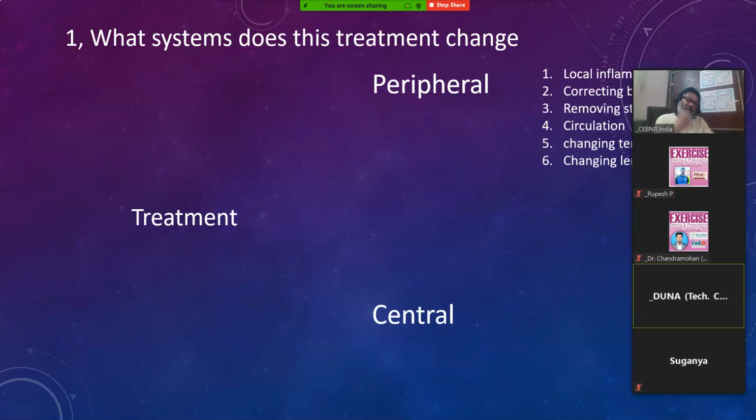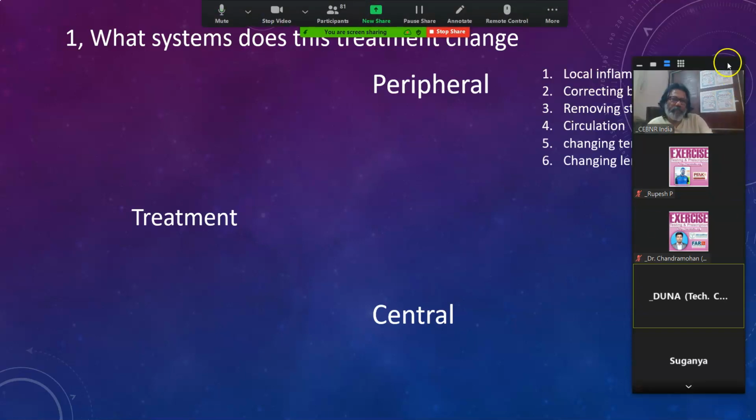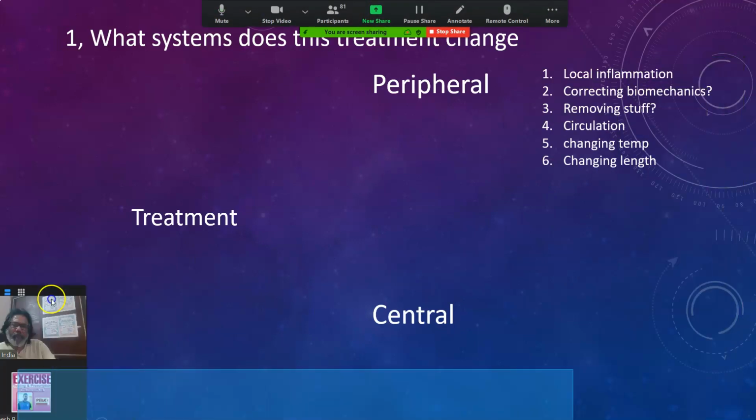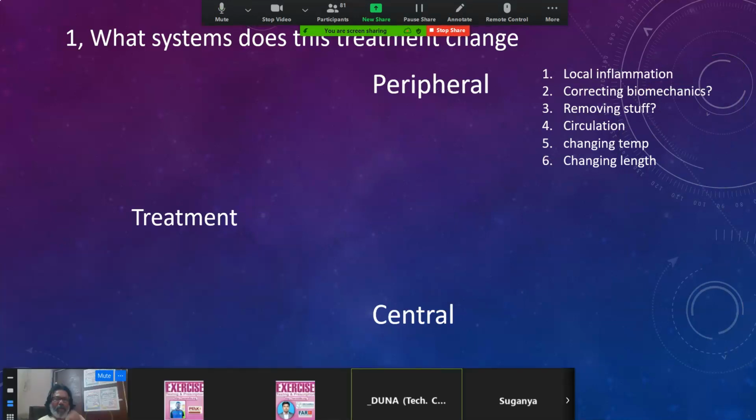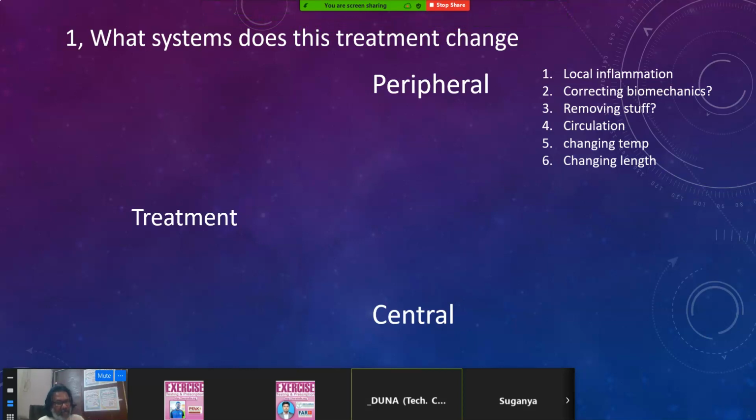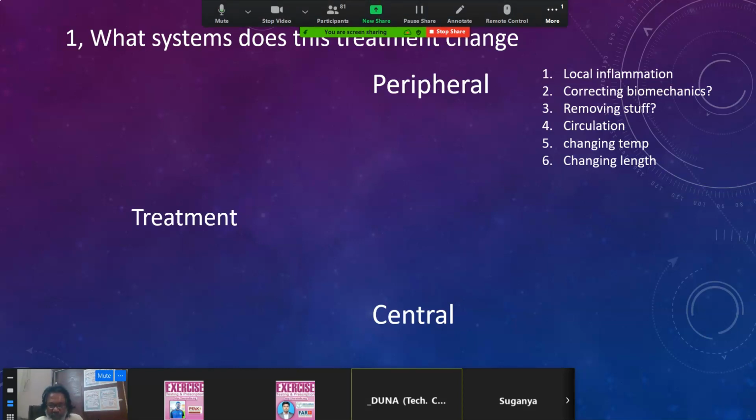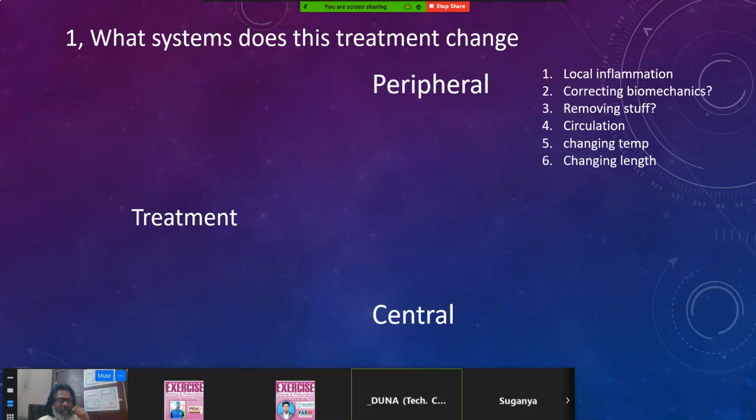What I mean by peripheral is: are we changing local inflammation? A lot of people think that we can improve healing, which is one of the most stupid misconceptions in medicine. You cannot heal anybody. Healing happens naturally.